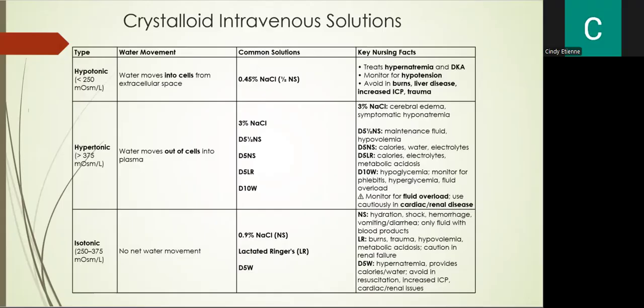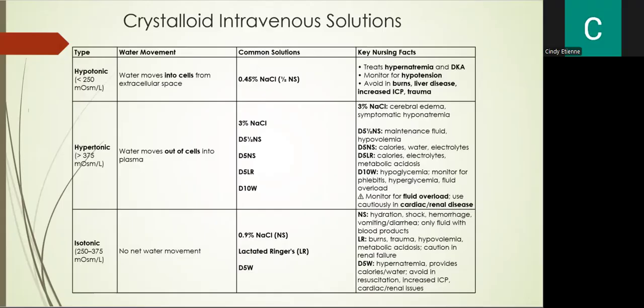It increases intravascular volume. For example, 3% saline is used to treat symptomatic hyponatremia. So saline is salt water. If the patient does not have enough salt in their blood, we're going to give them an intravenous infusion of 3% saline.